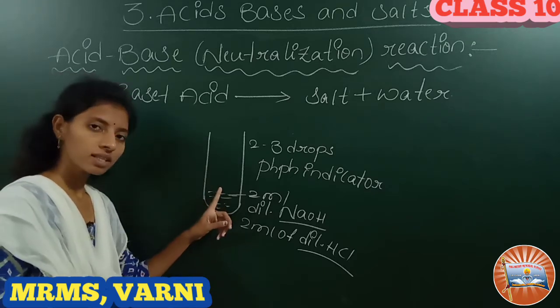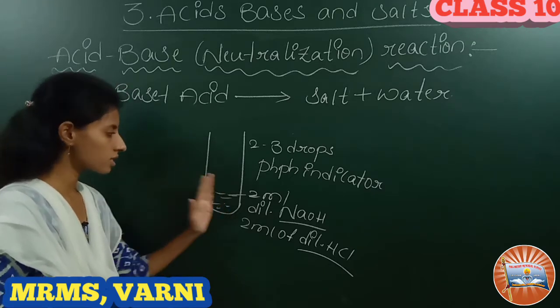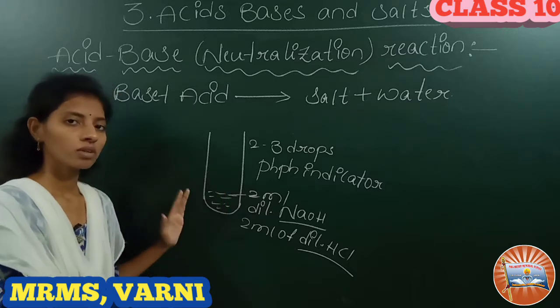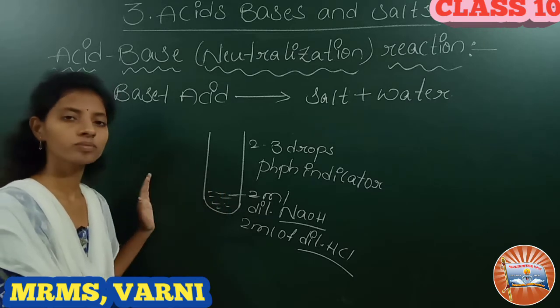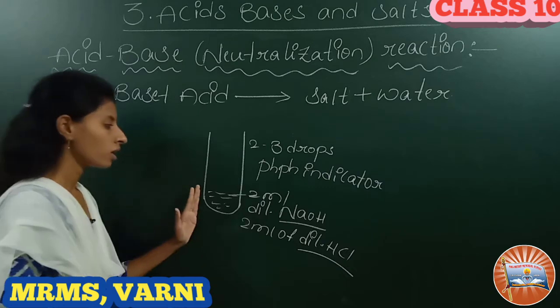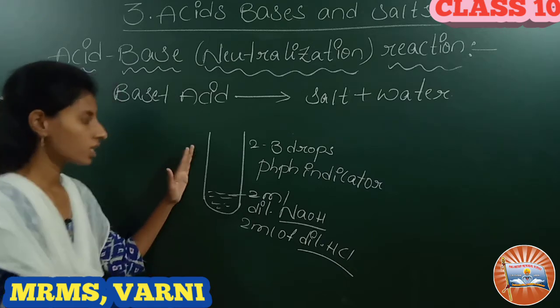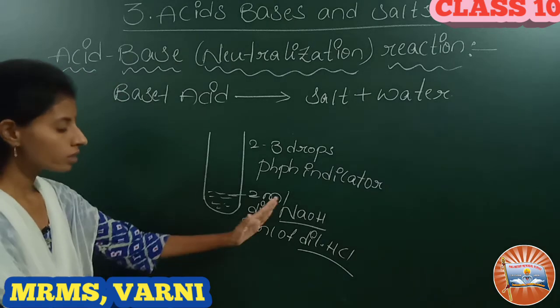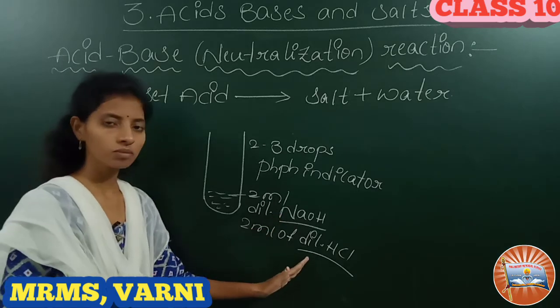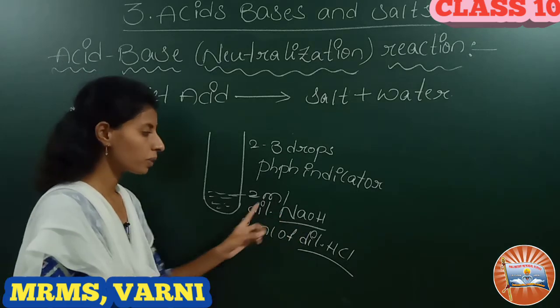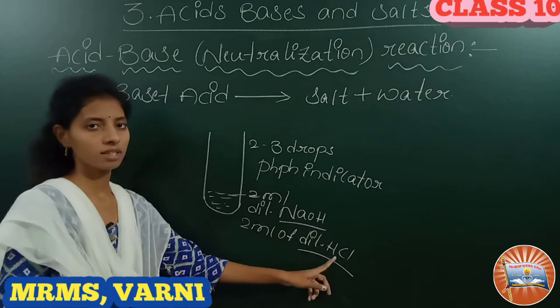Do you guess the reason why the solution turns pink? Again, why does the pink color reappear here? In this reaction we observe that when sodium hydroxide reacts with HCl, it is completely reacted with the acid.